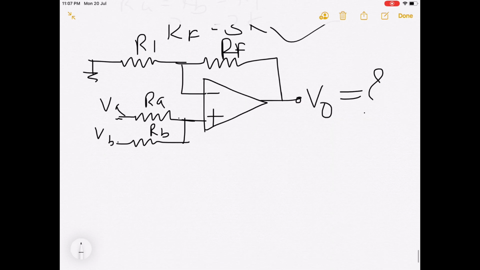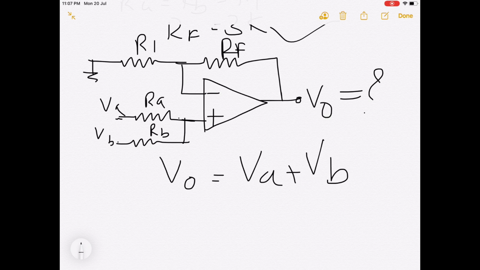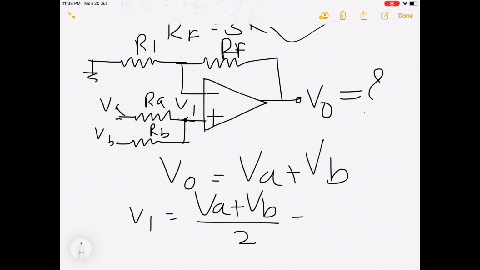As I told you, non-inverting adder output is VO is equal to VA plus VB. Directly you can write, but now you have to consider its gain also, because values are given. So from our expressions, point V1, that means V1 is what? VA plus VB divided by 2, so it becomes 2 plus 4 divided by 2, so it becomes 3 volts.